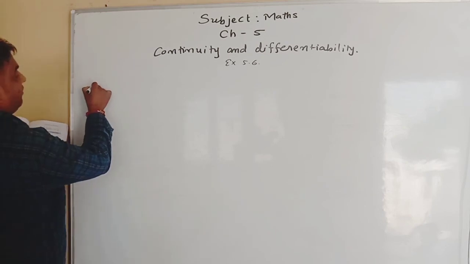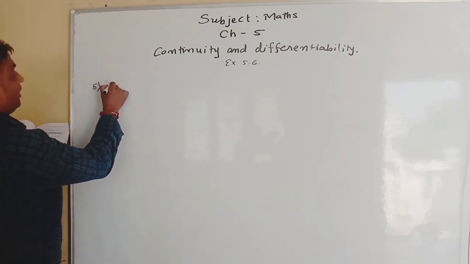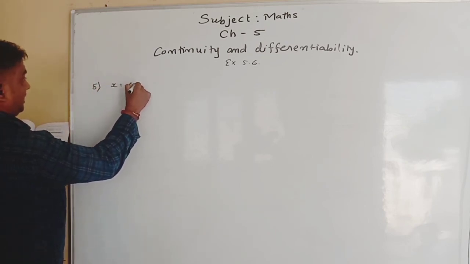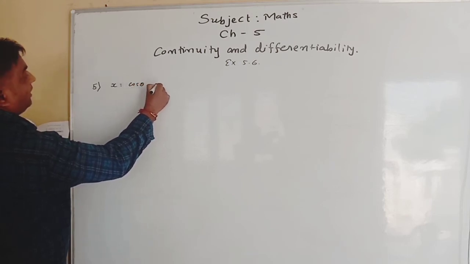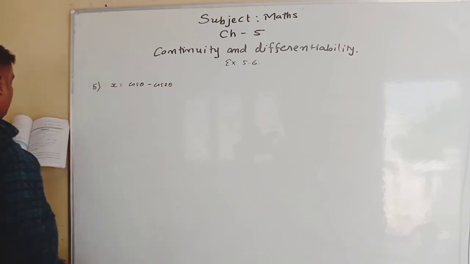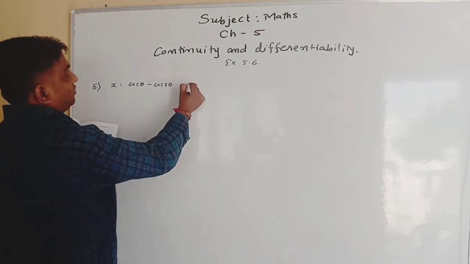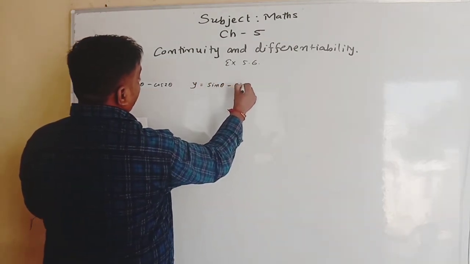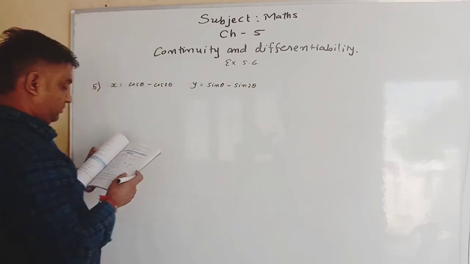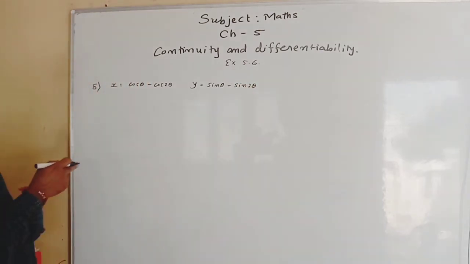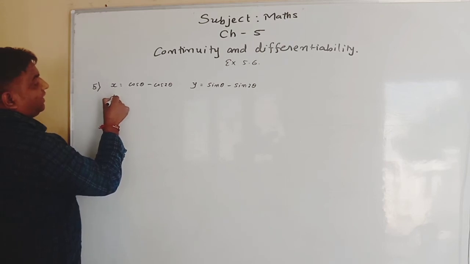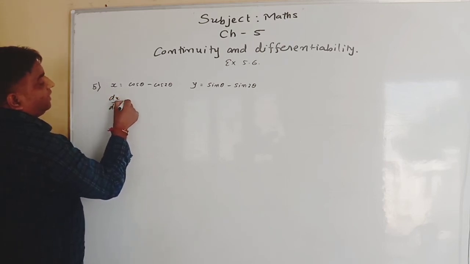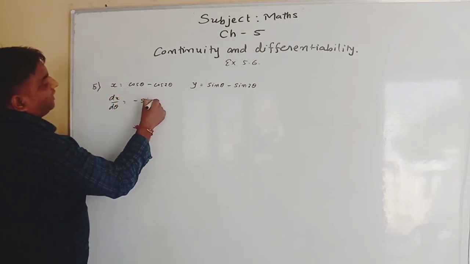Fifth sum we have x equals to cos theta minus cos 2 theta and y equals to sin theta minus sin 2 theta. Then with respect to theta to differentiate, then dx by d theta equals to minus sin theta.